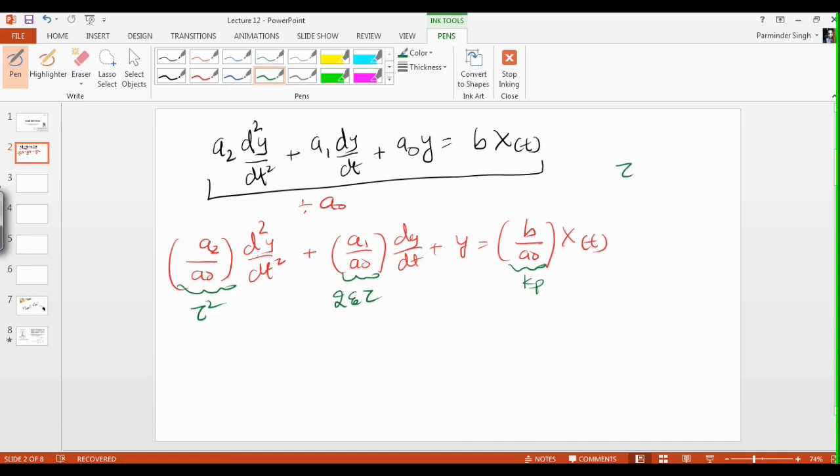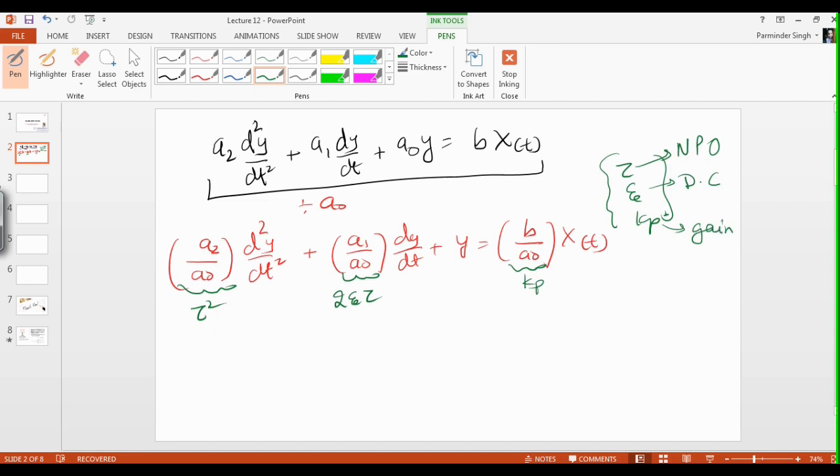Now tau, zeta and kp are the important parameters of a second order system, where tau is known as your natural period of oscillation, zeta is known as damping coefficient, and kp is known as your second order gain.